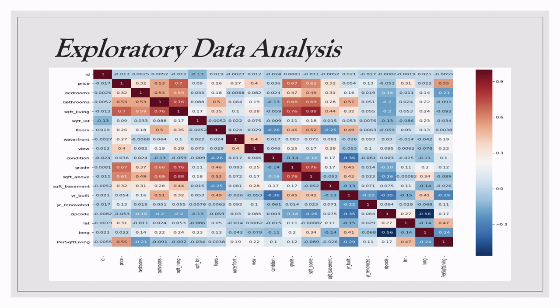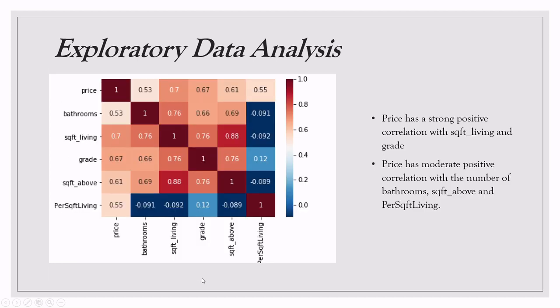Now, let's look at the ones which are strongly correlated with price. Here, this is a separate heat map which we are trying to show the moderate to strong relationship of different variables with price.